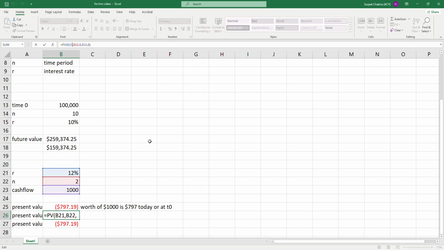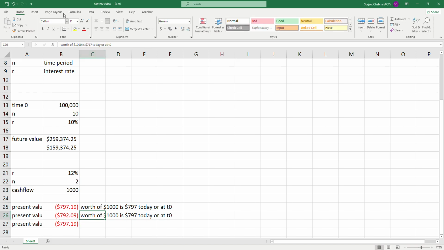And this is right. And now we will just play with these variables, right? So this is semi-annual. Semi-annual means that I will receive it 2 times. So basically the interest rate needs to be divided by 2, and the time needs to be multiplied by 2. And this basically would mean now that the worth of $1,000 is $792 at T0, right?